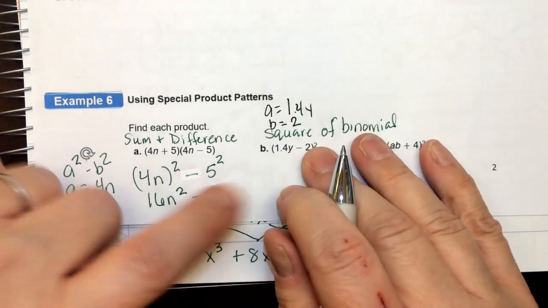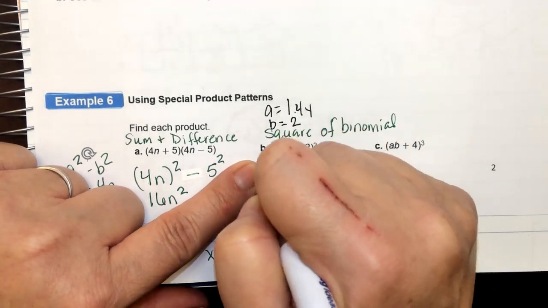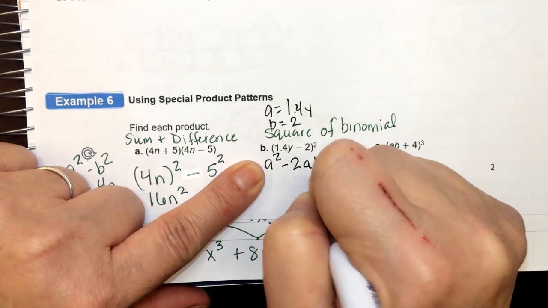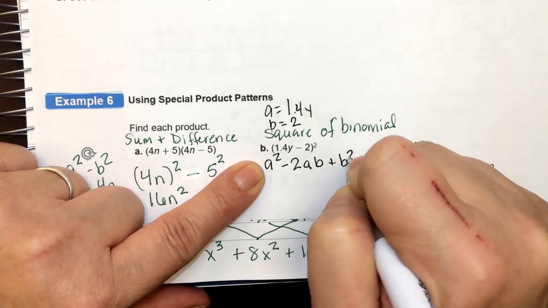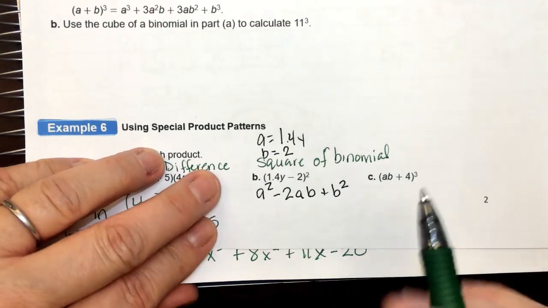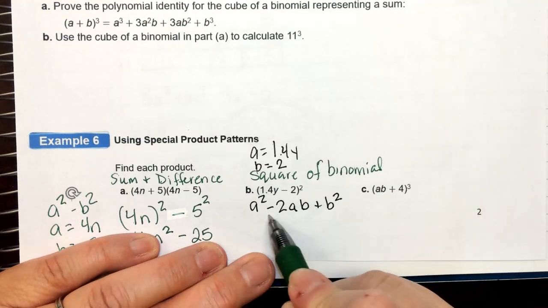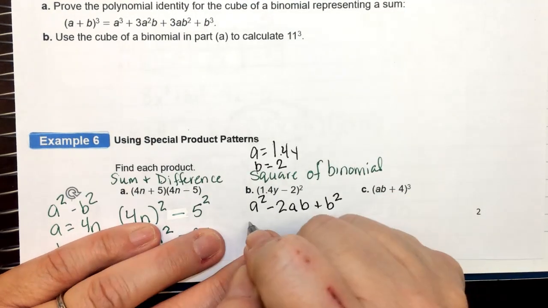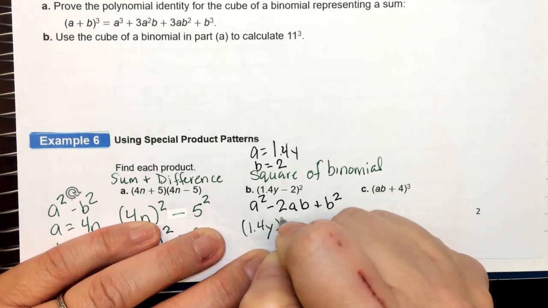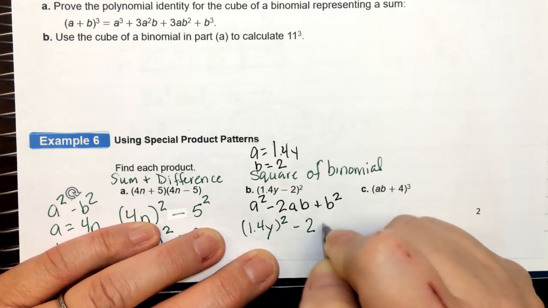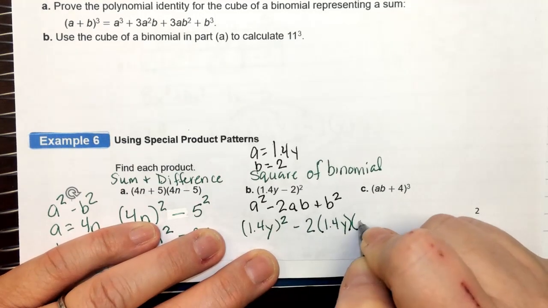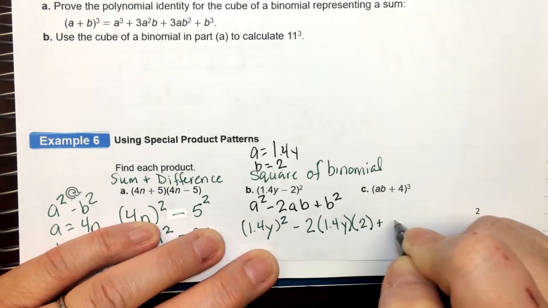So this one, it says that when we work this out, our formula is A squared minus 2 times A times B plus B squared. All right, so we're going to plug in our information. So we've got 1.4y, and that is squared, minus 2 times 1.4y, also times B, so times 2, plus 2 squared.